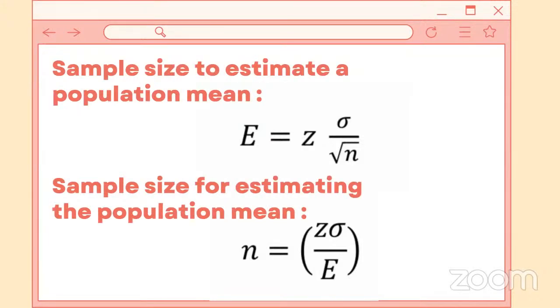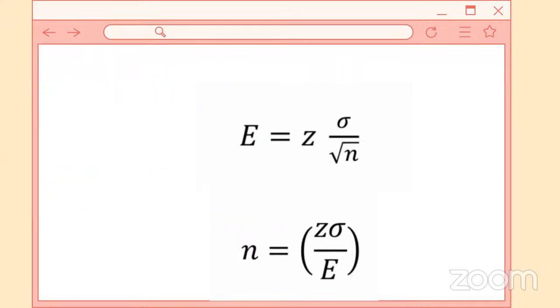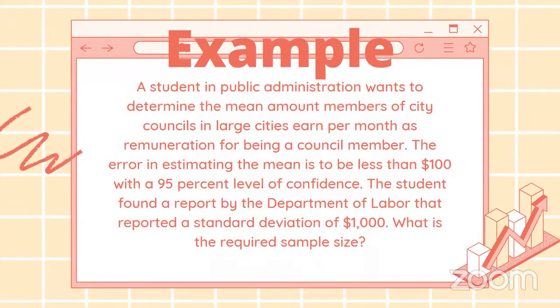And here is the sample size for estimating the population mean. Example: A student in public administration wants to determine the mean amount members of city councils in large cities earn per month as remuneration for being a council member.